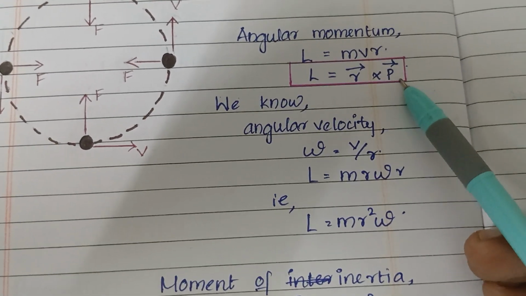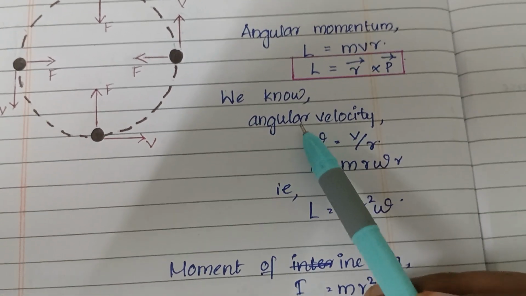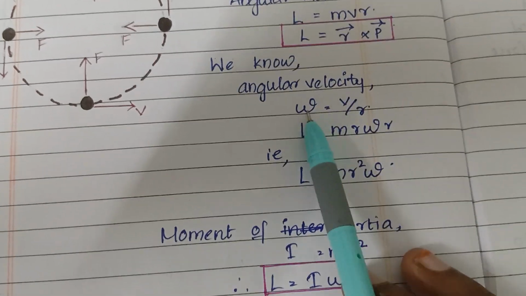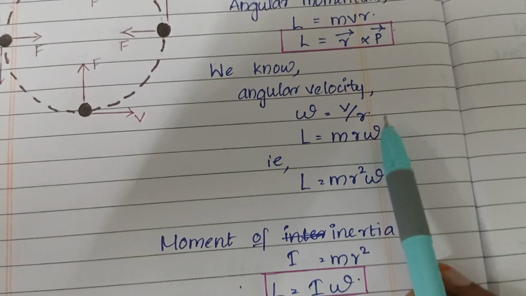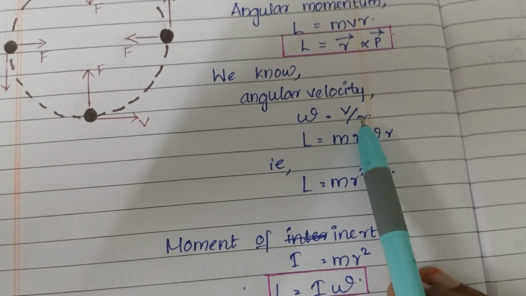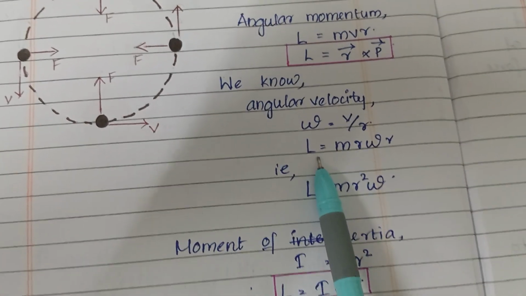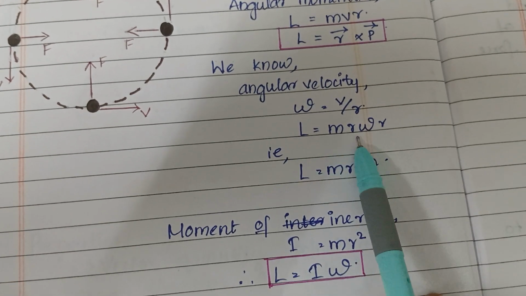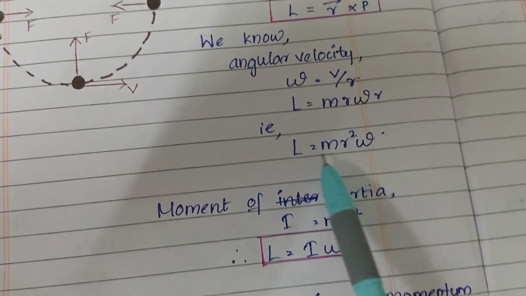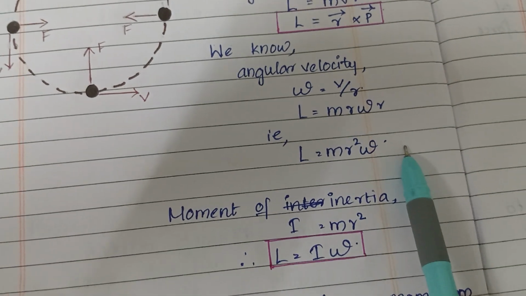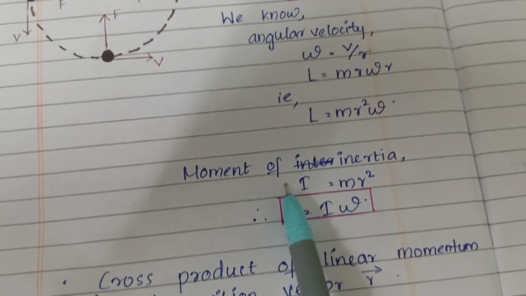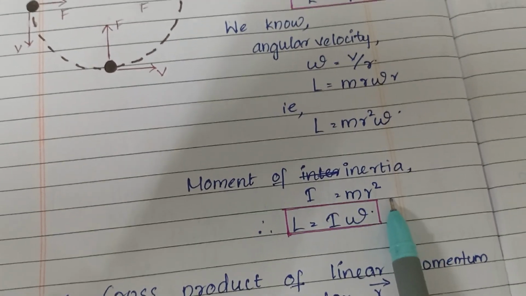From this equation L equal to mvr, we know that angular velocity omega is equal to v by r. If we substitute for v from this equation, L becomes L equal to m r omega r, that is L equal to m r square omega. We also know that moment of inertia I is equal to mr square.